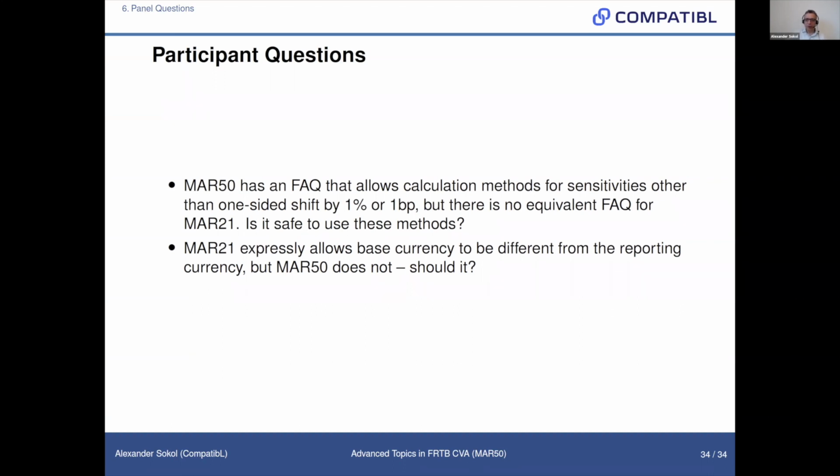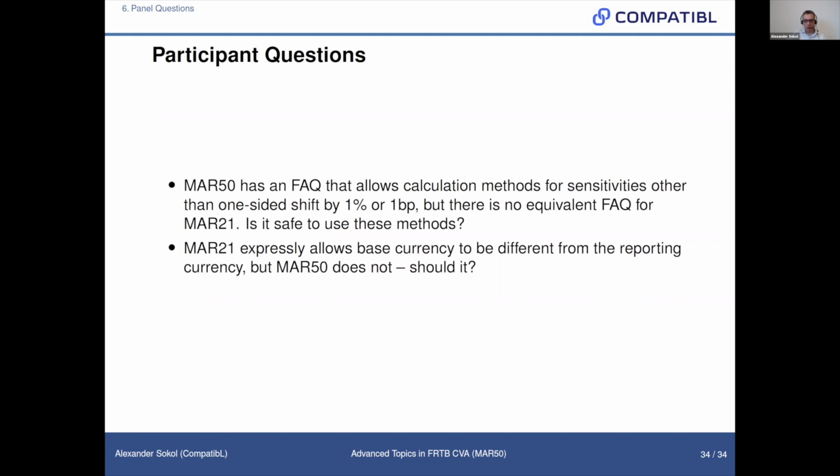So the two participant questions are both about the lack of alignment between MAR50 and the MAR21, 22, 23 documents, or rather MAR21. MAR50 in particular has an FAQ, so it's not in the document, but it's an FAQ that allows calculation methods for sensitivities other than a one-sided shift by 1% or 1 basis point.